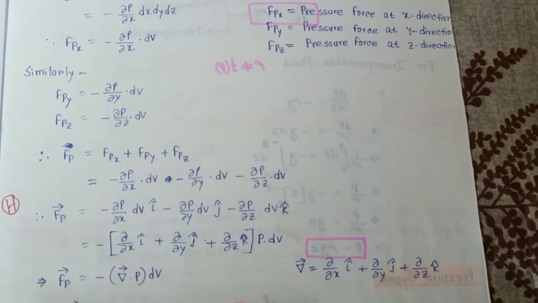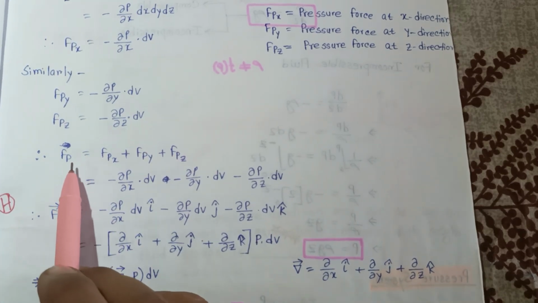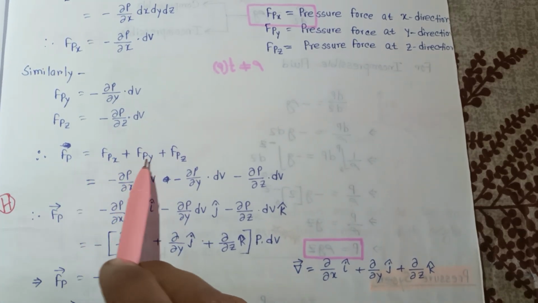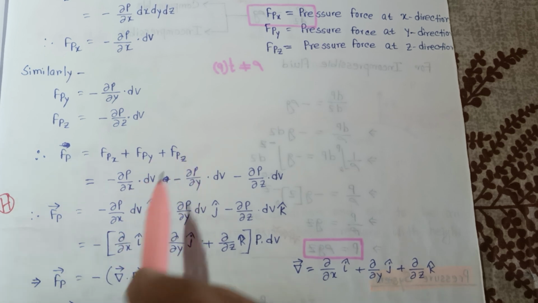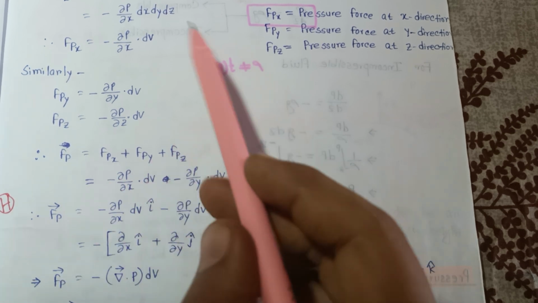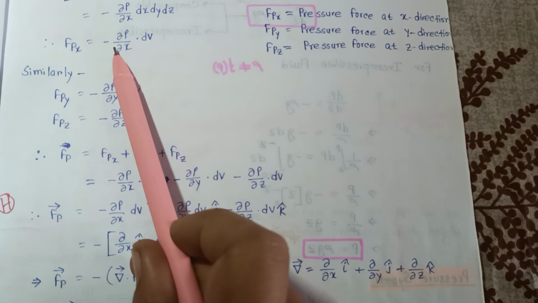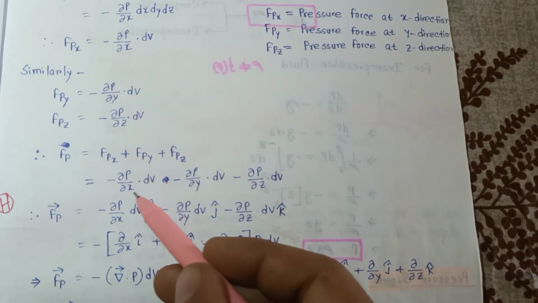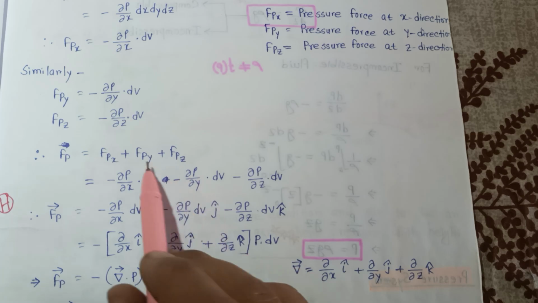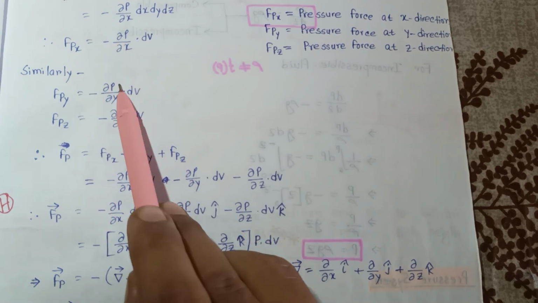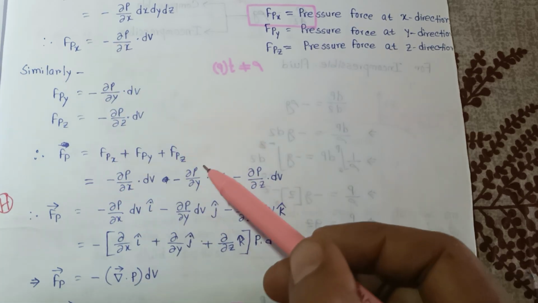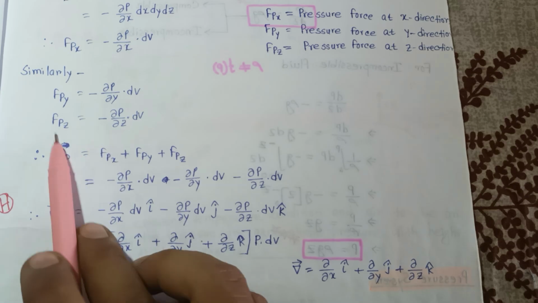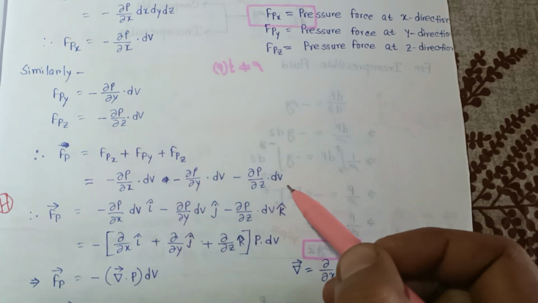So the total pressure force is Fpx plus Fpy plus Fpz. That is minus del P by del x into dV, minus del P by del y into dV, and minus del P by del z into dV.